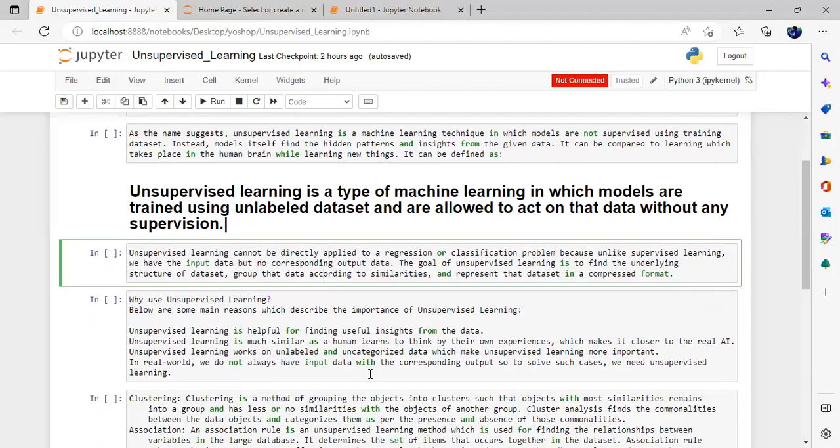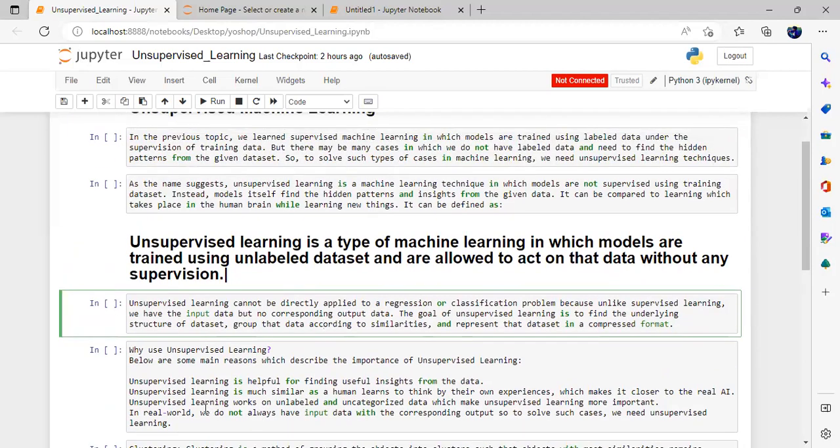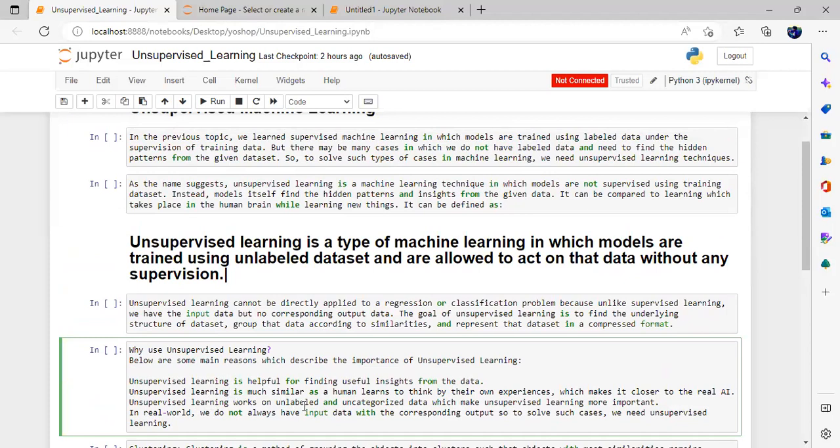For classification or supervised learning, we need simple data. But if the data is very complex, we can use unsupervised learning. If you see the second point, unsupervised learning is much similar to how a human learns to think by their own experiences, which makes it closer to real AI, that is artificial intelligence. This is just a part of data science and machine learning, where AI comes.